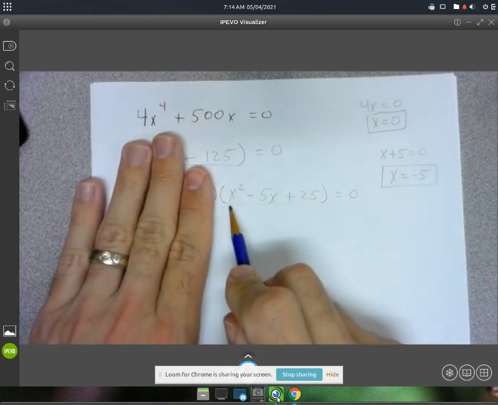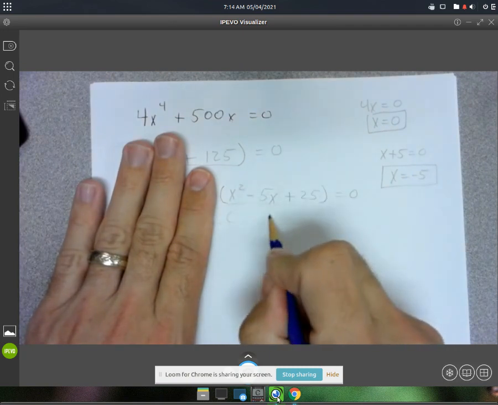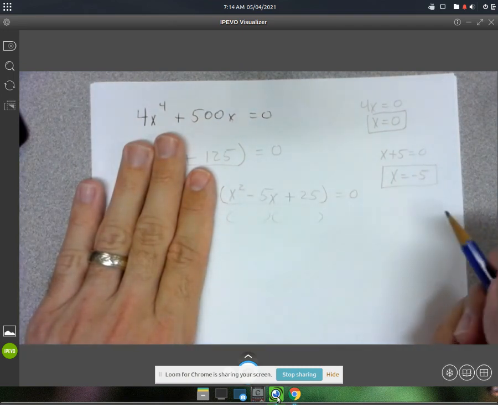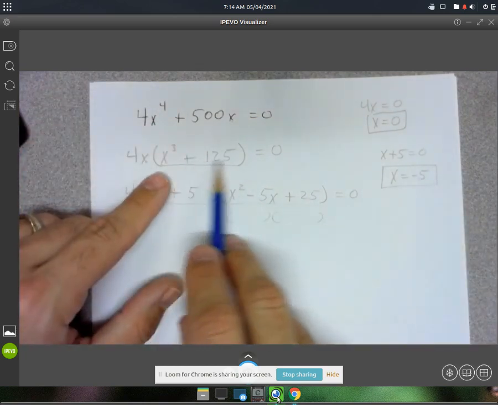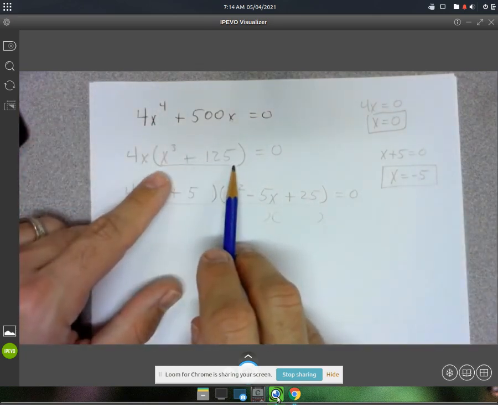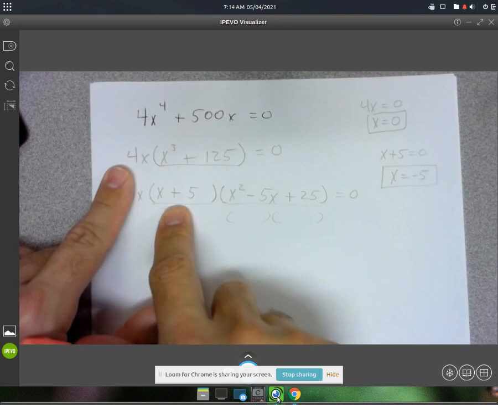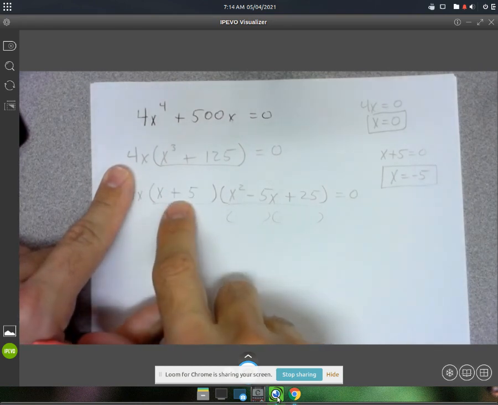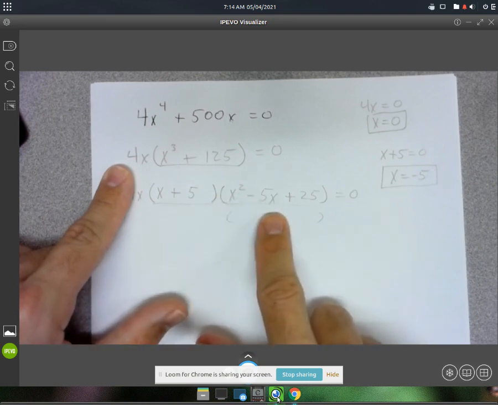Now, you're probably tempted to try to factor this into 2 binomials, but it will not factor. When you're doing the sum of cubes or the difference of cubes formula, most of the time you're going to get a linear factor, something that is easily solvable, but then your quadratic factor will not factor further.